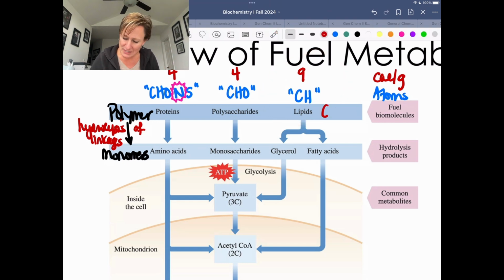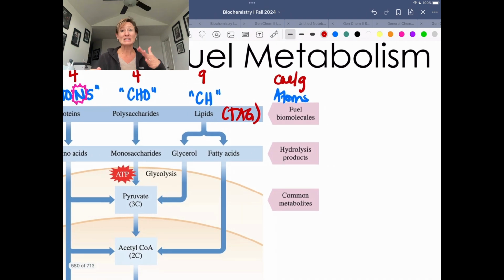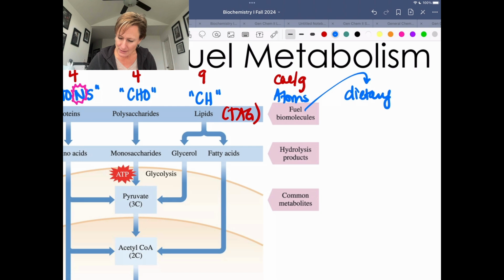Specifically, when we are going to be studying these from a metabolism standpoint, we'll be talking about triglycerides. Okay, one last little piece here to put on is that when we are talking about where these fuels come from, we are really talking here about dietary sources. So dietary sources, so we're going to refer to these as exogenous.